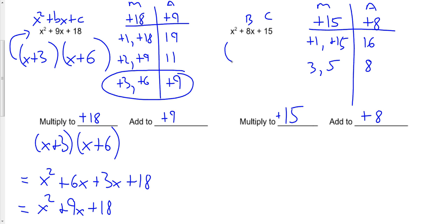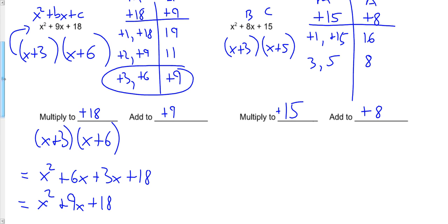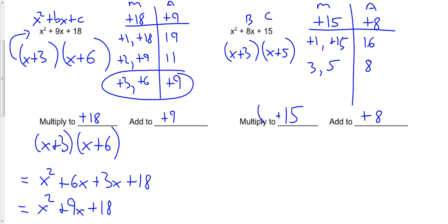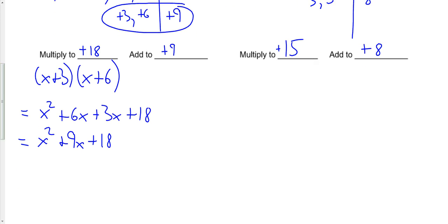So I've determined that x plus 3 times x plus 5 should work. Let's go down and check it, just to be absolutely sure. So here I have x plus 3 times x plus 5.